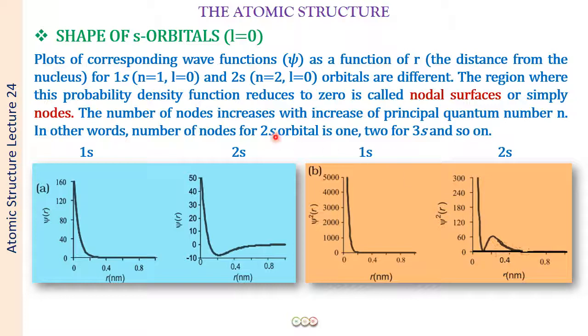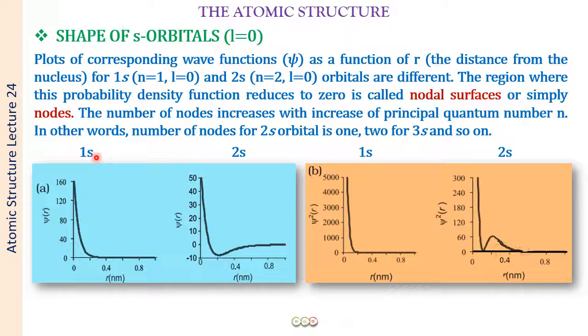Right? And you will find when the plots are drawn for 3s, 4s also, that the number of nodes, that is the region where the probability of finding the electron is 0, increases with the increase of principal quantum number n. In other words, the number of nodes for the 2s orbital we have seen is 1, for 3s it is going to be 2, and so on, and for 1s it was 0.